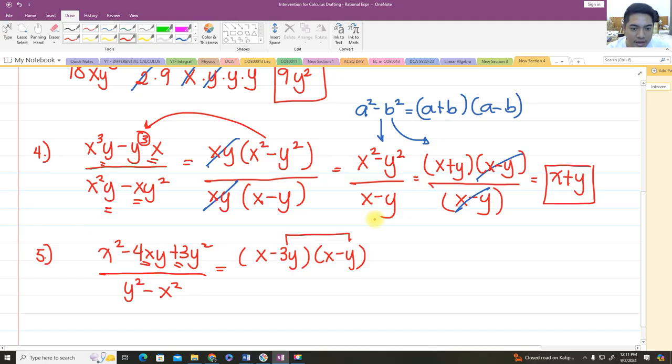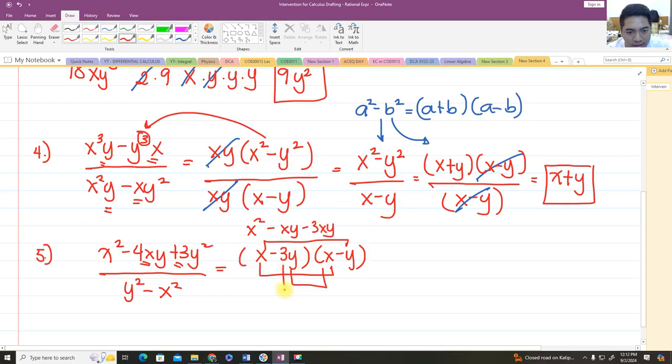And if we try to add, or try to foil, let's try to foil. If we try to foil this, you have first, that's x squared. You have outer, that's negative xy. You have inner, that's negative 3xy.